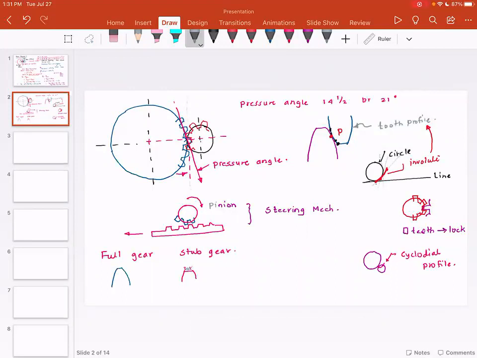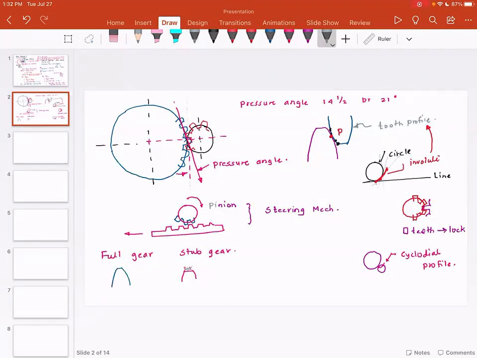And again, there are advantages and disadvantages of these gear profiles. Many a times we use full depth involute systems. Sometimes we have to go with the stub gear because we want the gear to be stronger. And why do we get stronger gear?